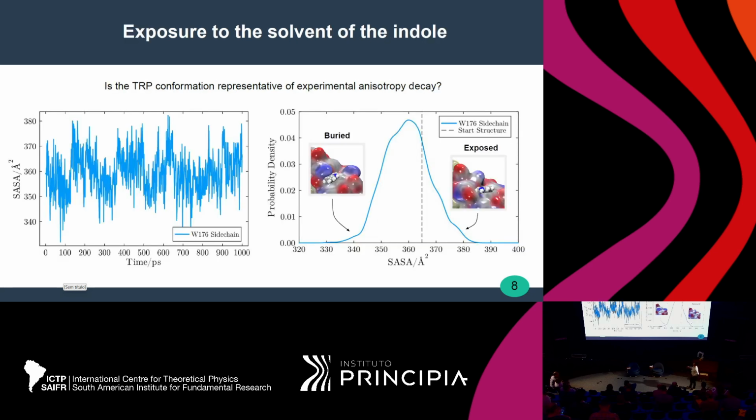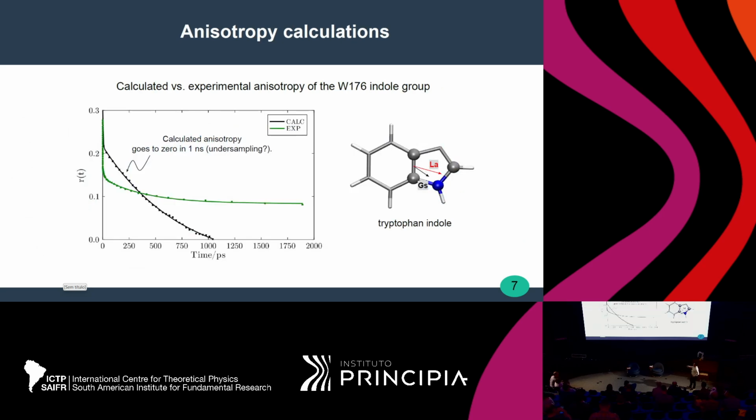It's clearly undersampled because the anisotropy here goes to 0 within 1 nanosecond, and that's not possible, because anisotropy goes to 0 when the protein rotates. Anisotropy takes into account the rotation of the side chain, but also the rotation of the entire protein molecule.